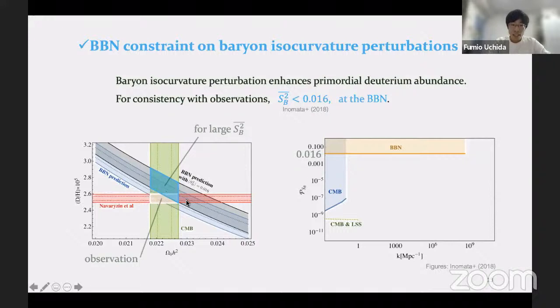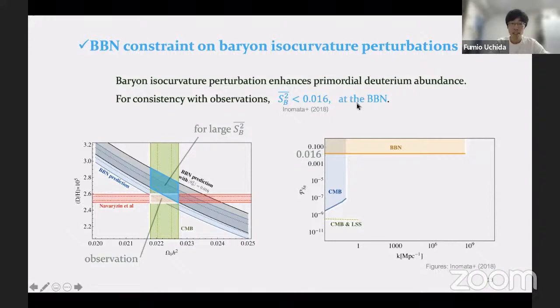This white rectangle in the left panel is the observational one, and the blue region is BBN theory with large baryon noise curvature perturbations. They say that if S_B squared is too much larger than this value, then theory and observation become inconsistent.